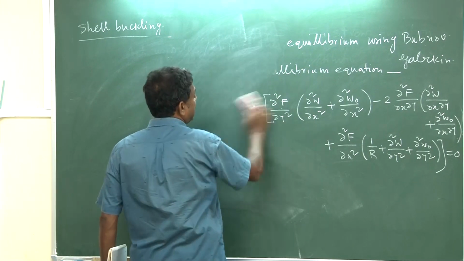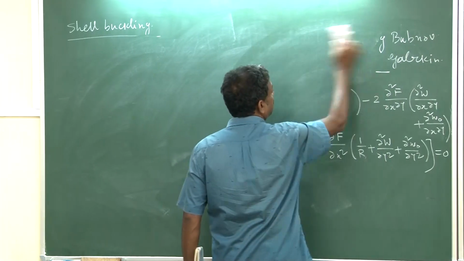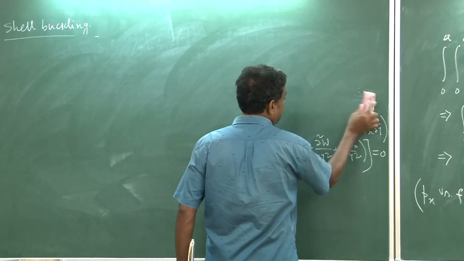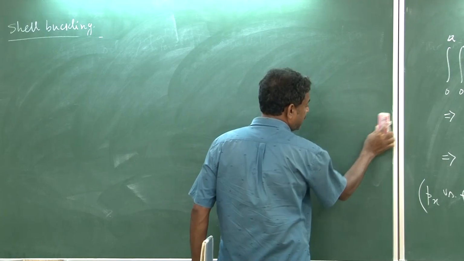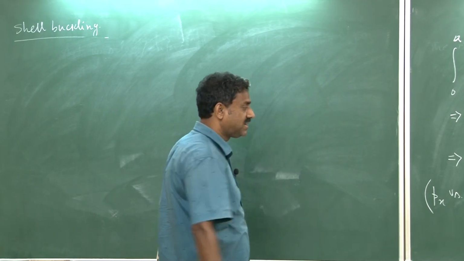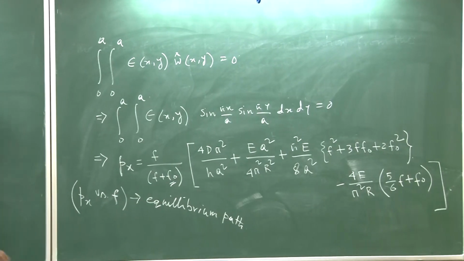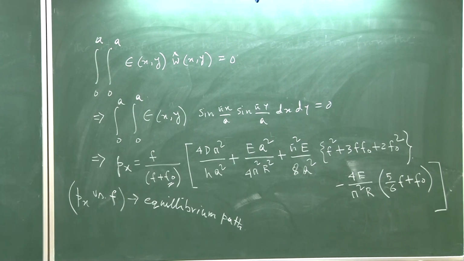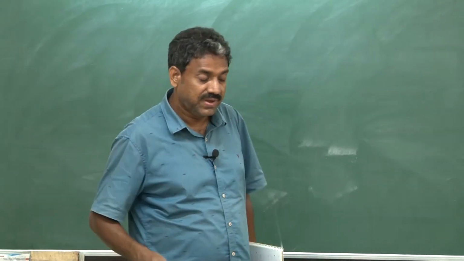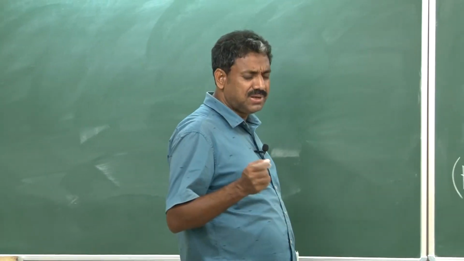When I am plotting it, please note there is a very important point here: the equilibrium path, F versus Px, is a function of the imperfection amplitude F0. It will also be a function of its distribution. Here we are assuming it to be self-affine, that means similar to the displacement field, but with small imperfections.